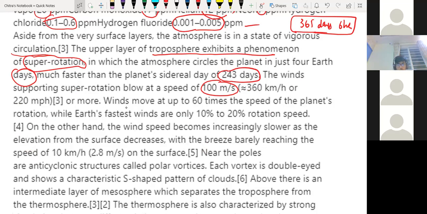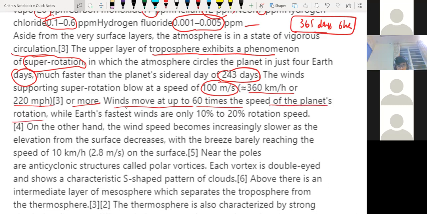The winds supporting super-rotation blow at the speed of 100 meters per second, which is nothing but 360 kilometers per hour or more. Winds move at up to about 60 times the speed of the planet's rotation.